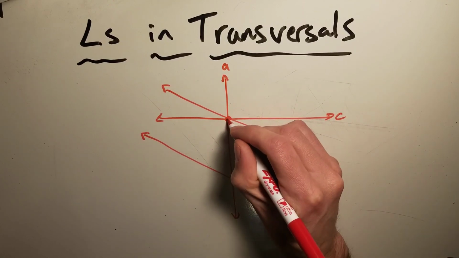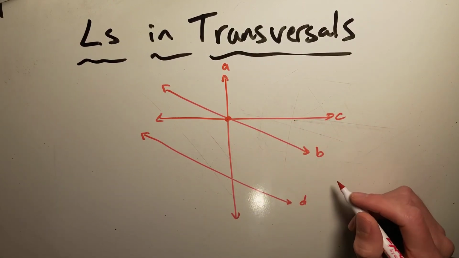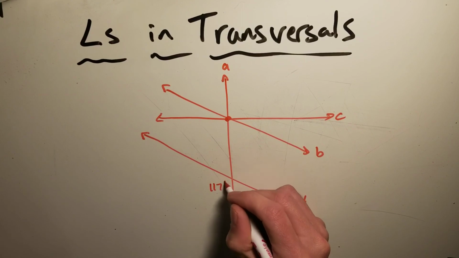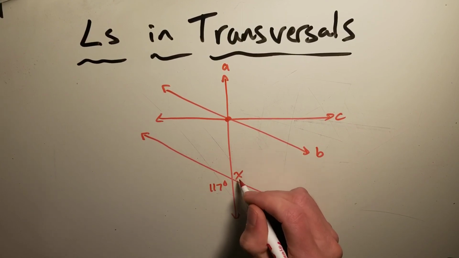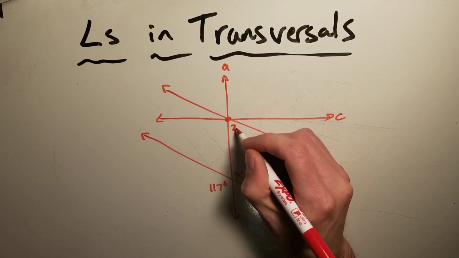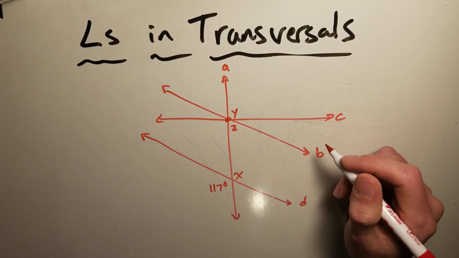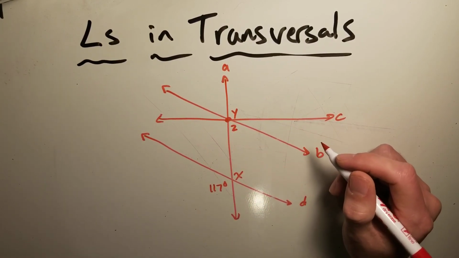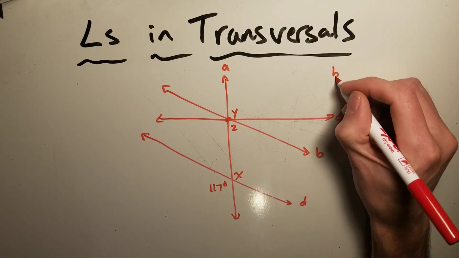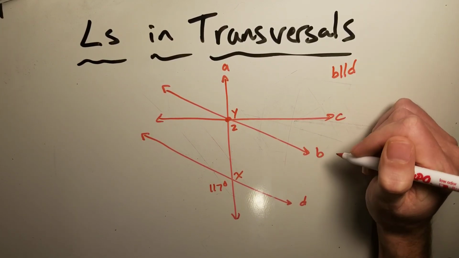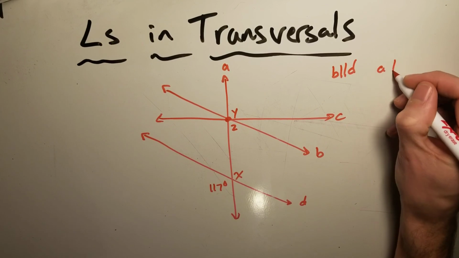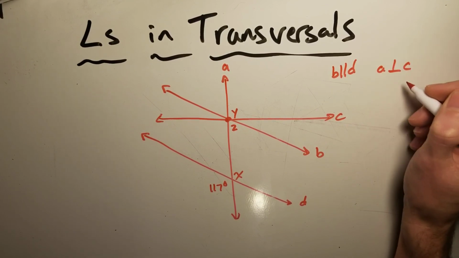And these three lines all intersect at the same point. We are told this angle is 117, this angle is X, this little angle is Z, and this angle is Y. Okay, so we are told that B is parallel to D, and A is perpendicular with line C.